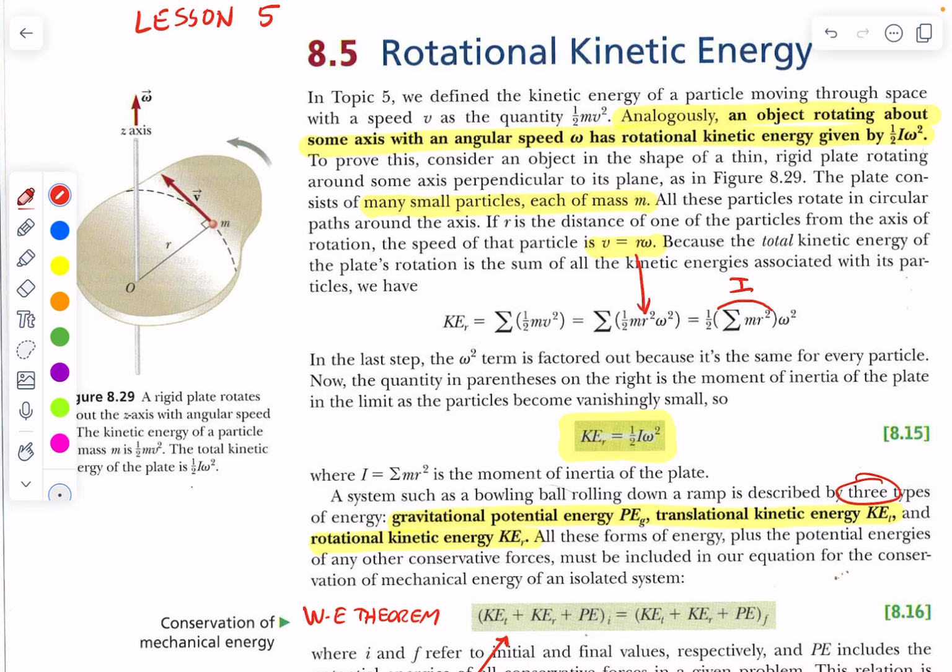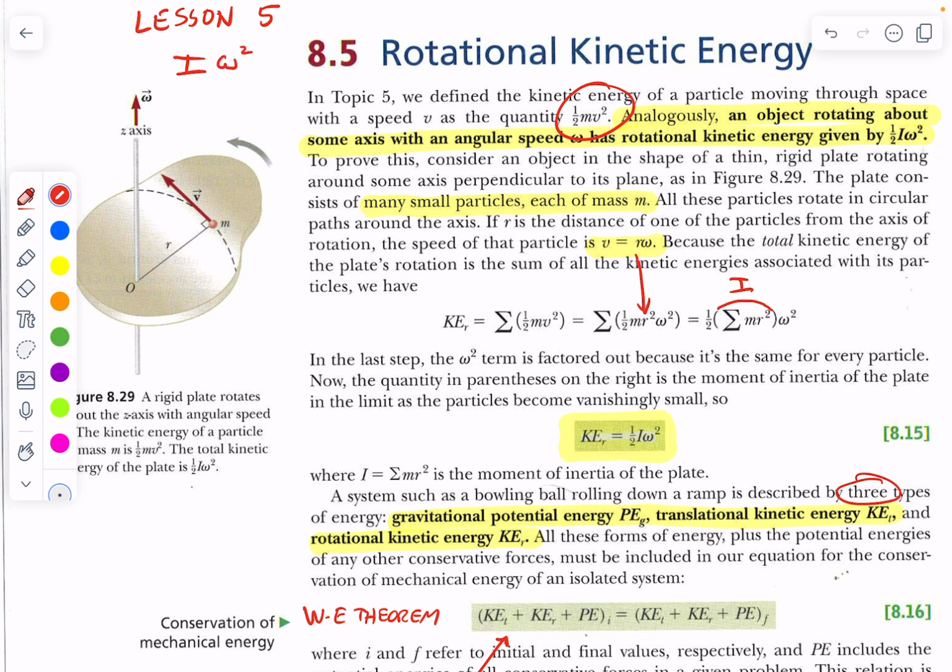Now, you all know what kinetic energy is, 1/2 mass times velocity squared. So you can imagine that if we write the symbols that are analogous to kinetic energy for rotational motion, my mass becomes the letter I for rotational inertia, angular inertia, and my v becomes omega, and it is squared.